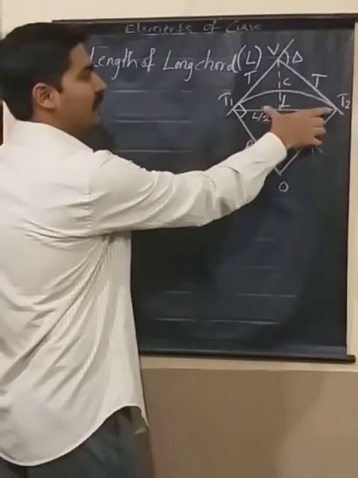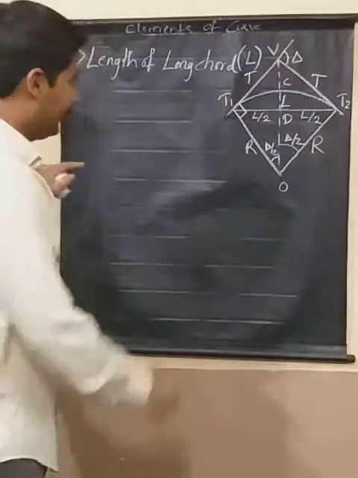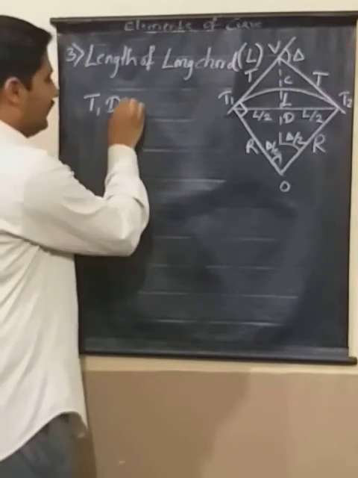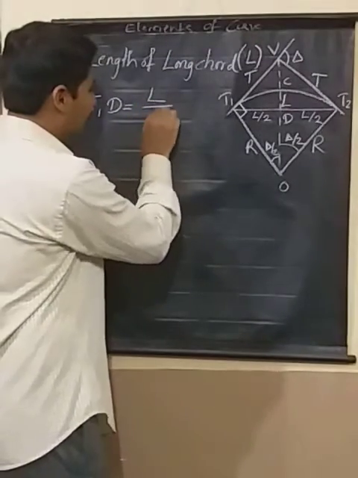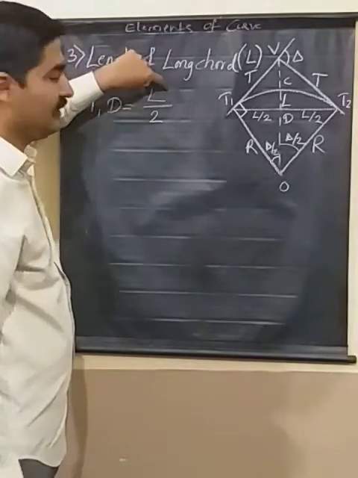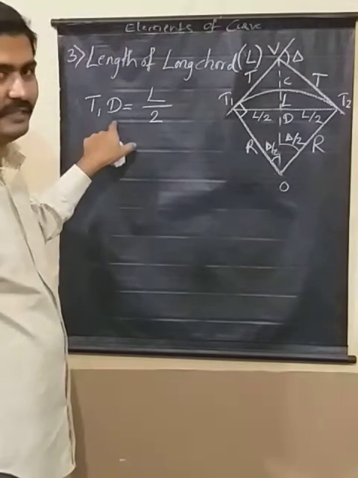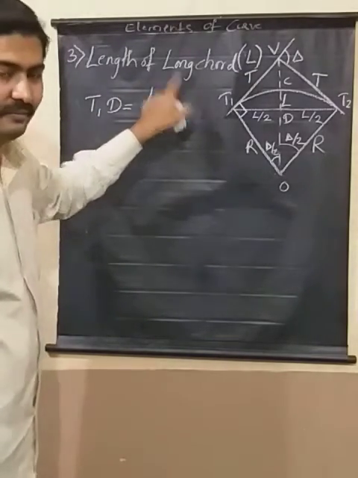So this total L is 2 times this, isn't it? So I will find out only T1D. Let us see how I am going to find T1D. T1D is half of the one I am finding. I am finding L and T1D is going to be half of that. So once I get T1D, I am going to multiply by 2 to get L, right?